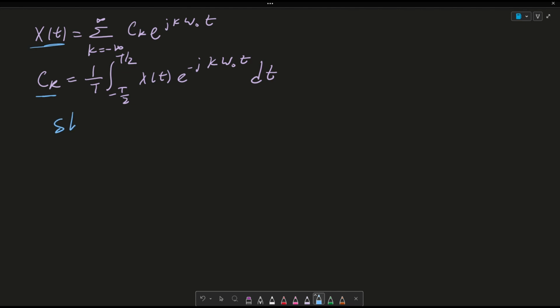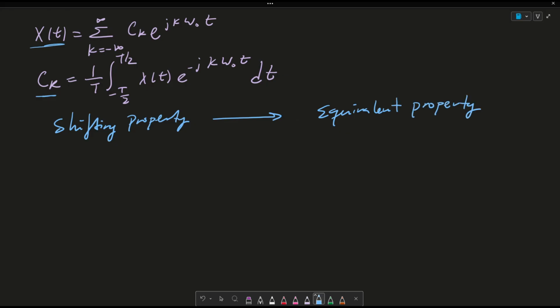The first being what's called the shifting property, and the other being the equivalent property. I'm not going to dive into too much detail about the proof behind these properties, but I'm just going to state them, because the purpose of the video is to solve the periodic impulse train.